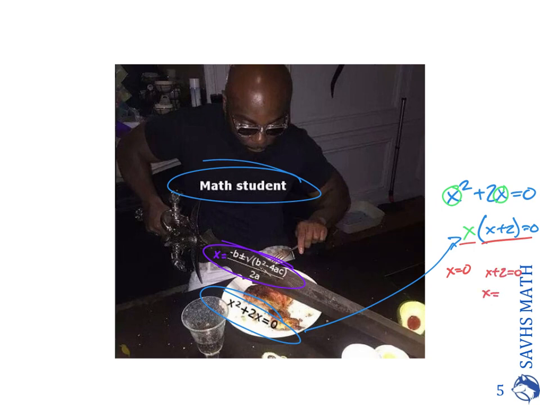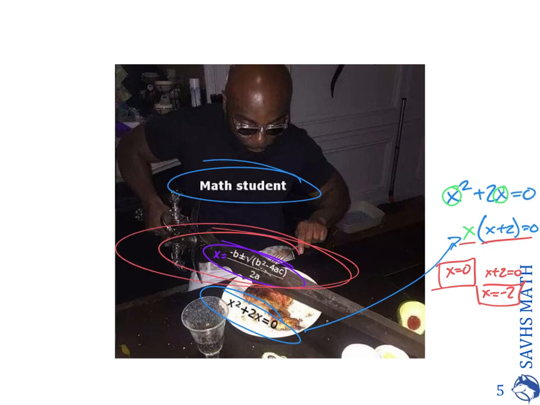I get x equals negative 2 on this one, and my other answer is x is 0. This is a way easier way to do this problem. It's faster, more efficient, and more mathematically sound than using the quadratic formula. So don't be the person who uses the sword when you don't need to.